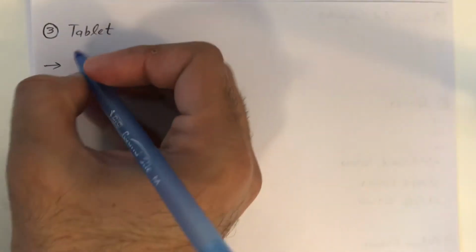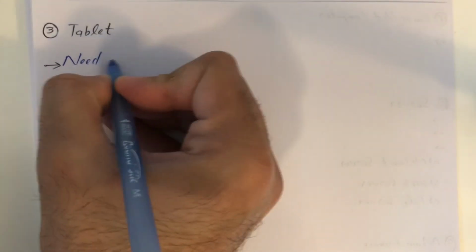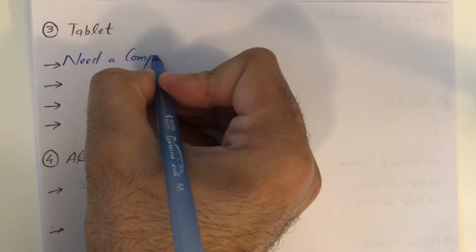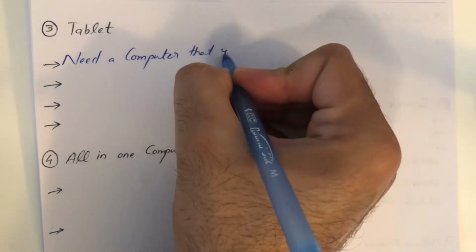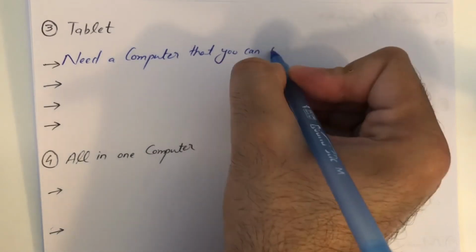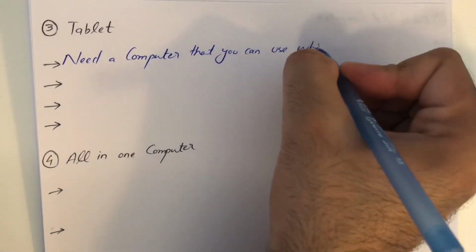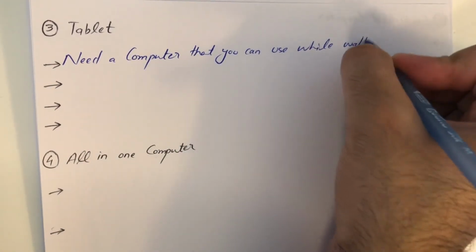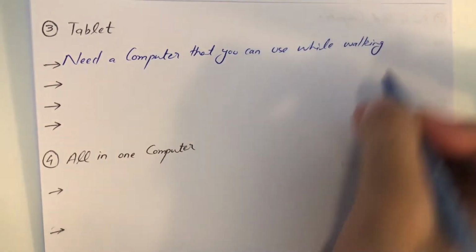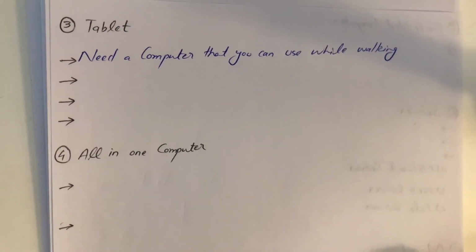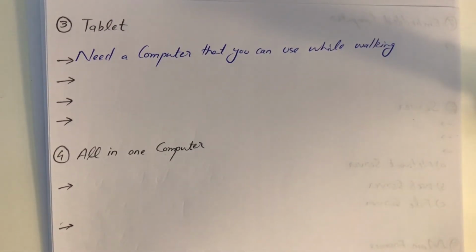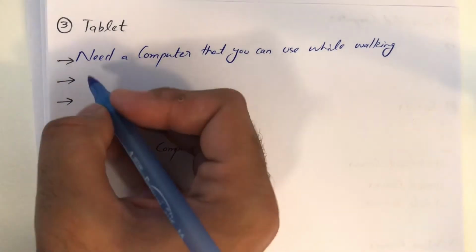First of all, for example, if you need a computer that you can use while walking. Like it's kind of a cell phone with a big screen, in fact, and slightly more RAM. So if you need a computer that you can use while walking, you need a tablet.